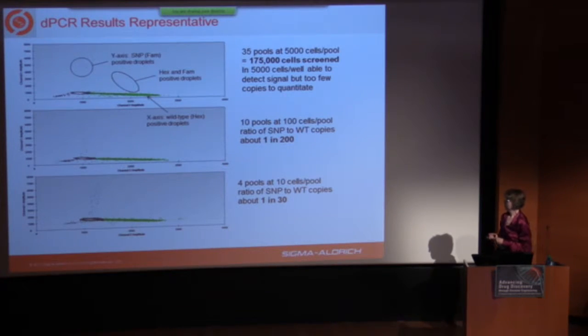So at the 5,000 cell per well level, we were able to detect positive droplets, but there were still too few copies to quantitate. So then we looked at pools at 100 cells per well, and we found the ratio was about 1 to 200. So we expected about 1 out of 200 of those templates was our SNP. Then we plated those positive pools at 10 cells per well, and came up with a ratio of about 1 in 30.